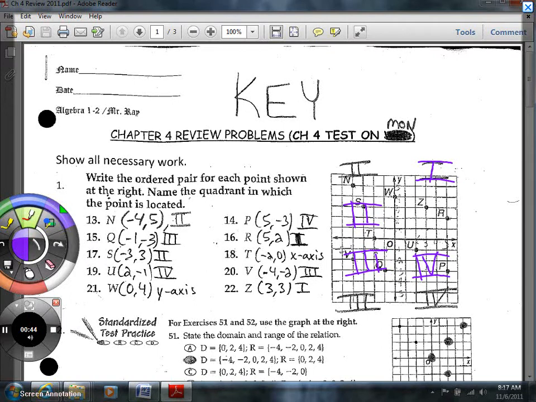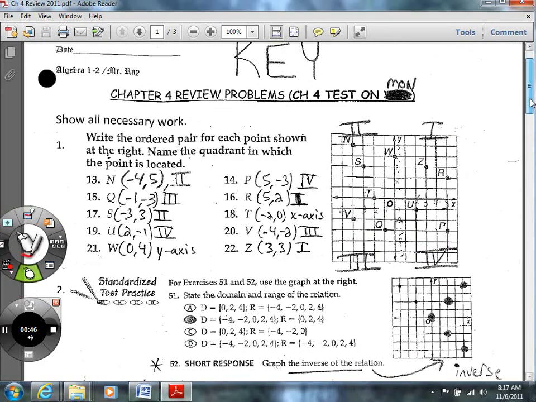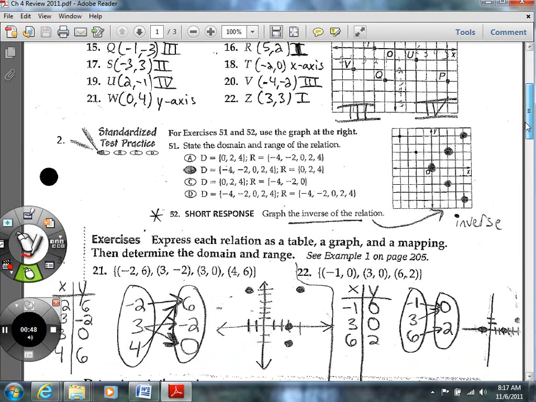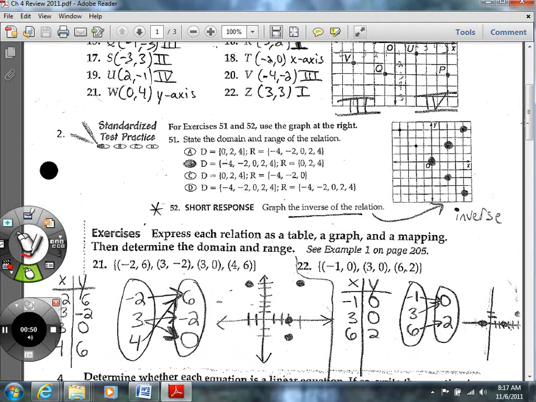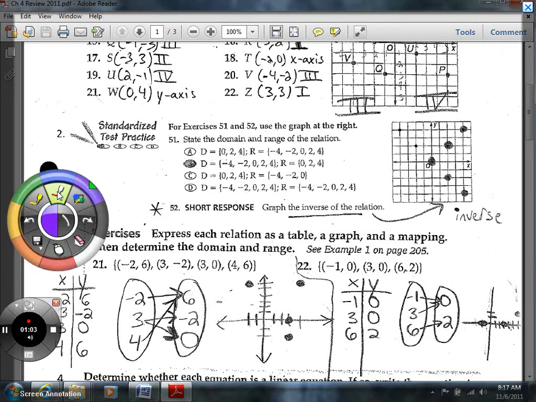Okay, so scrolling down to the next problem, domain and range. Domain are always your x values. So as you look at the graph, the original dots that were there, let me see here, were these ones.